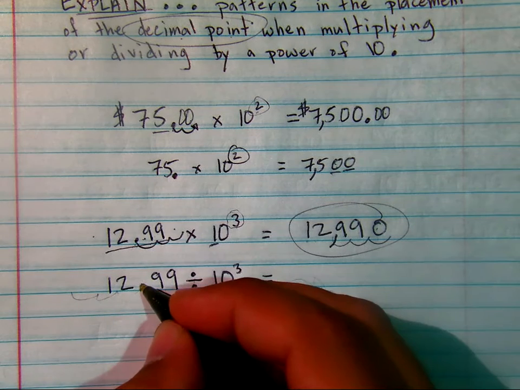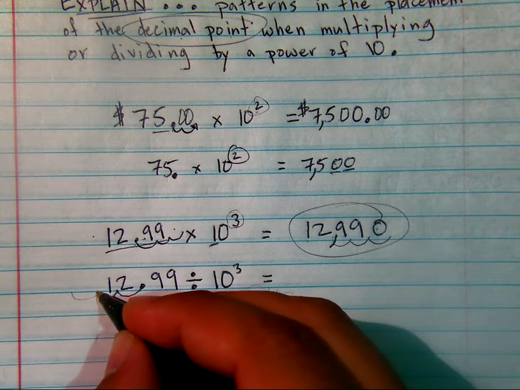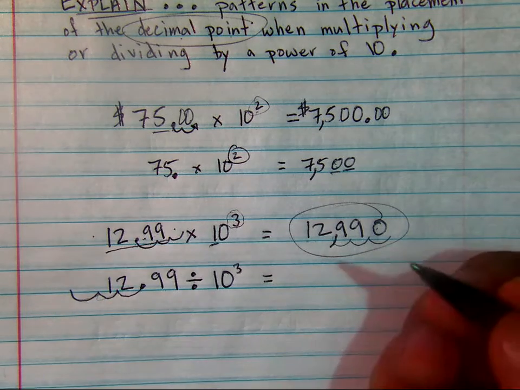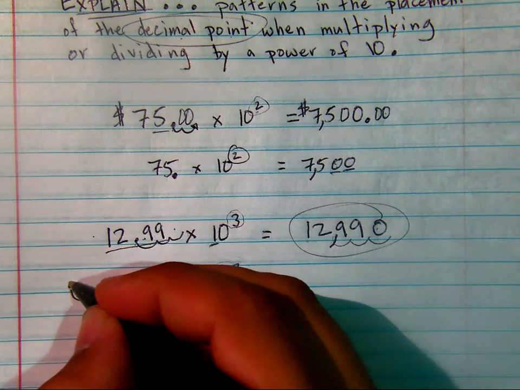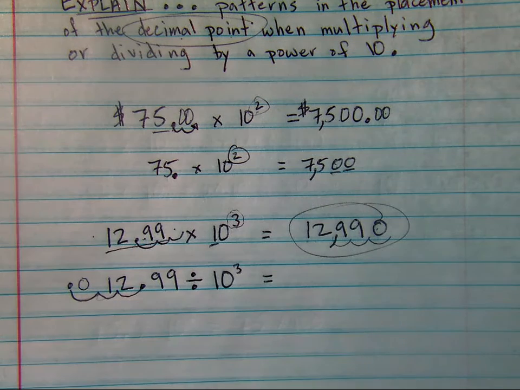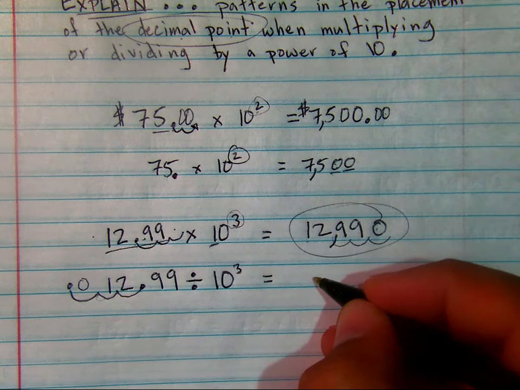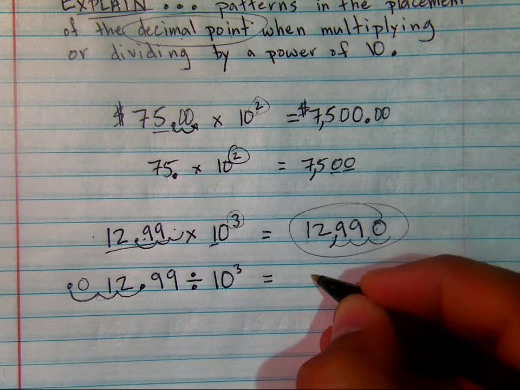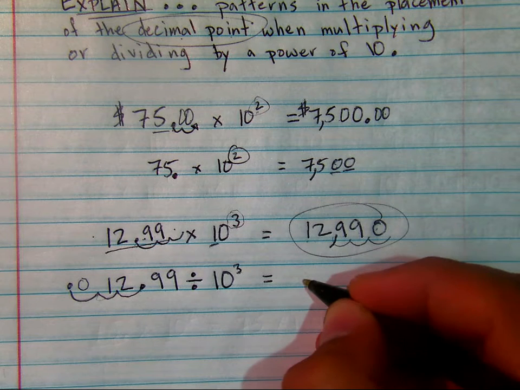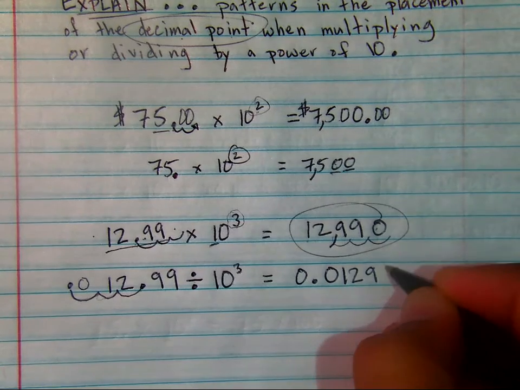And when it moves 3 spots past the 2, past the 1, and past this other imaginary place, that decimal we put there, we'll have to place a 0. So it's no longer a pattern of zeros, but rather it's a shift in the placement of the decimal point. 0.01299.